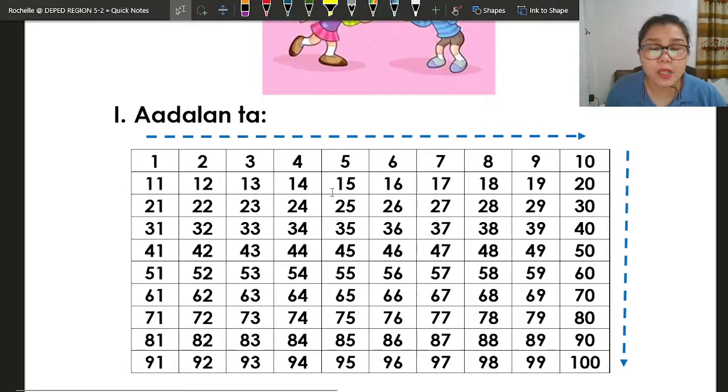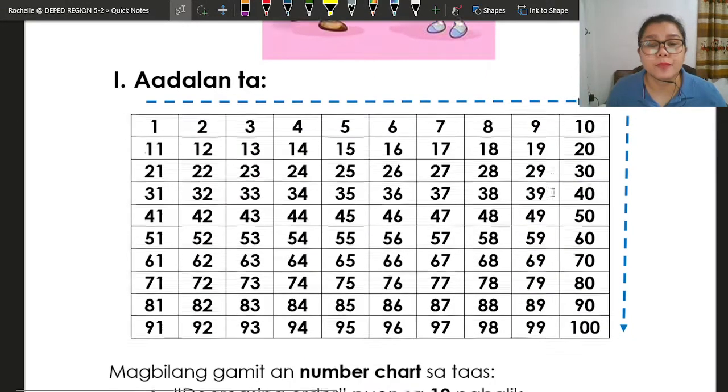Because the numbers from 1 to 100 will help you, if you can get the pattern, then it will help you count more than 100. These are the basic patterns. Once you are familiar with 1 to 20, that's okay. So you can proceed with numbers more than 20, and then if you are familiar from 1 to 100, you can proceed to numbers more than 100.